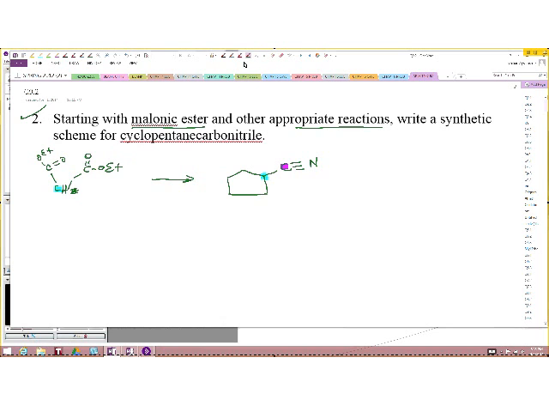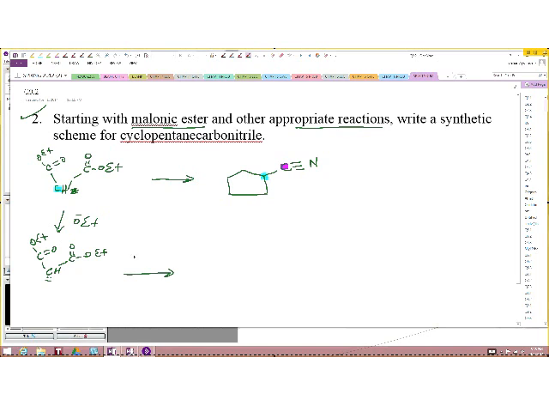So you take the ethoxide, and we are going to form this. And then we have this, the enolate of the ethyl malonate.